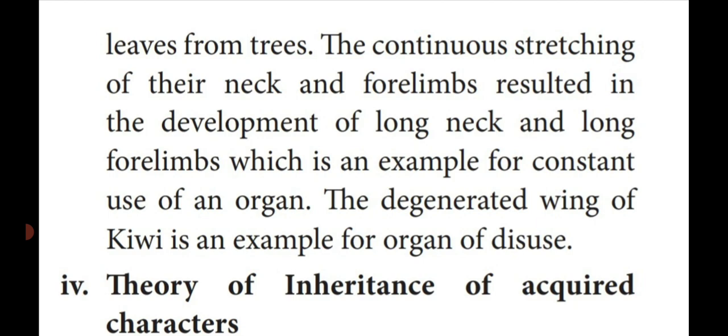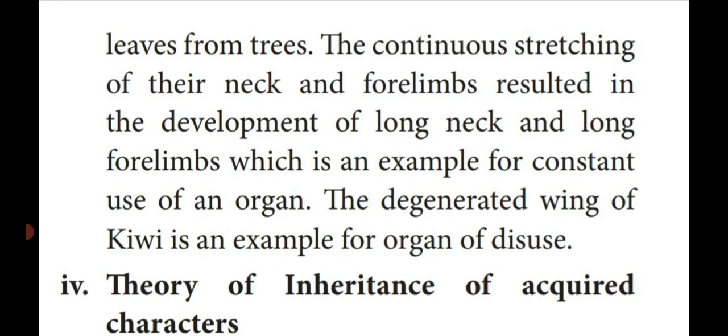Another example, a bird known as kiwi, has wings, but the kiwi is not using the wings to fly in the air. Finally, the present day kiwi does not have any wings.